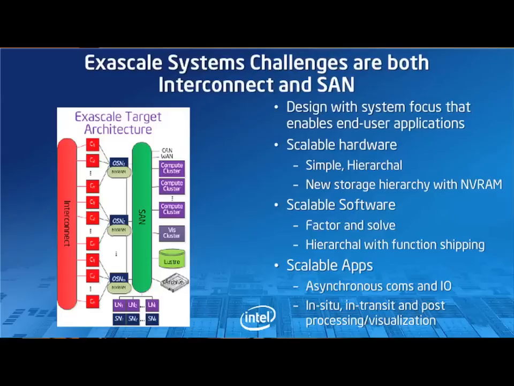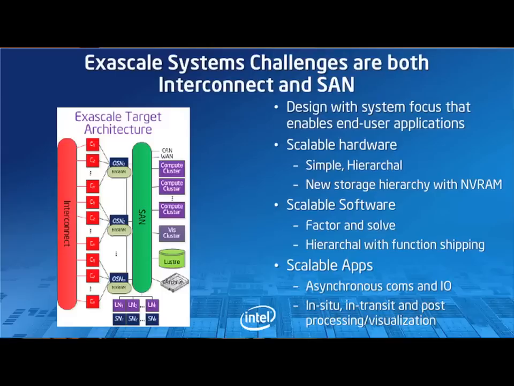In addition to that, we need scalable system software. And I like to use the term factor and solve whenever you have a forbidding problem, like a 100,000 socket system at Exascale over here on the left with 100,000 copies of the Linux operating system, probably not a good idea for scalability or reliability. We can factor that into two problems. One is we scale down to these operating system nodes here with an order of magnitude or 2 orders of magnitude less copies of the operating system.